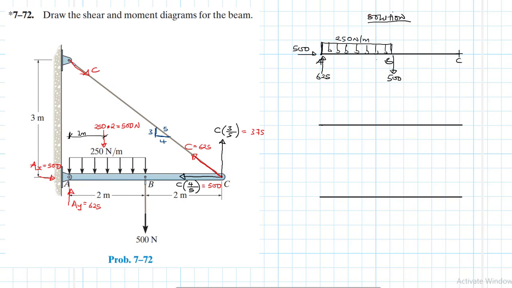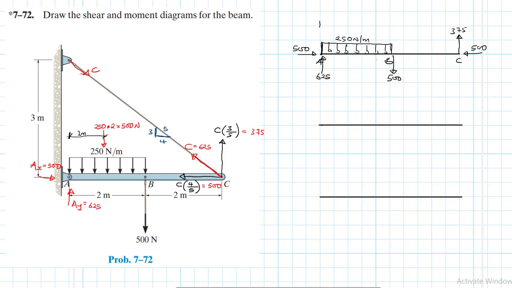Then we also have two loadings there from the cable. One is 375, and the other one is 500, right? And then the dimensions, let me get rid of that.